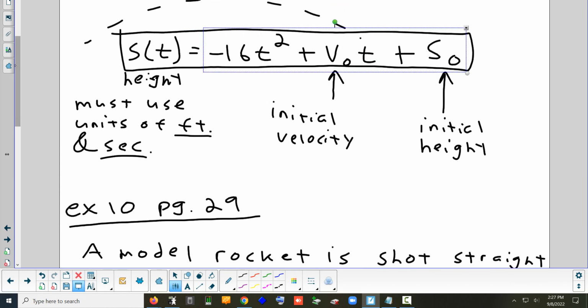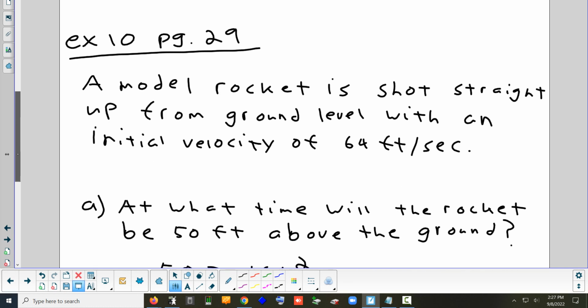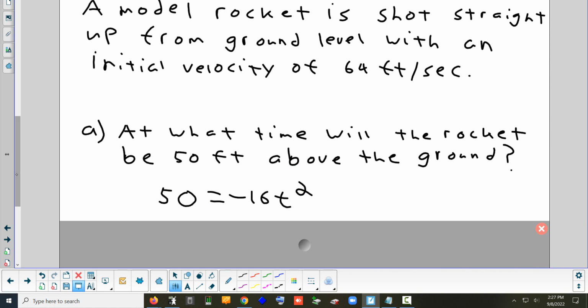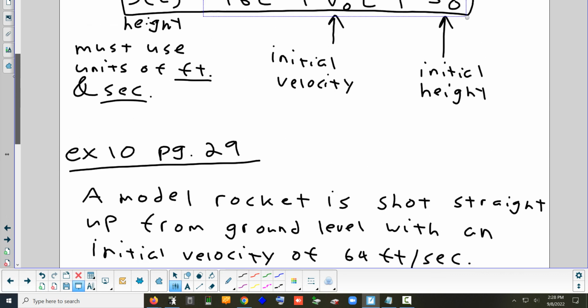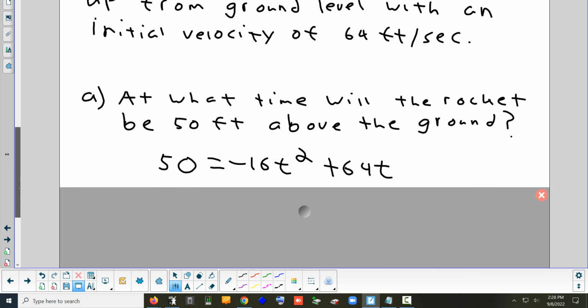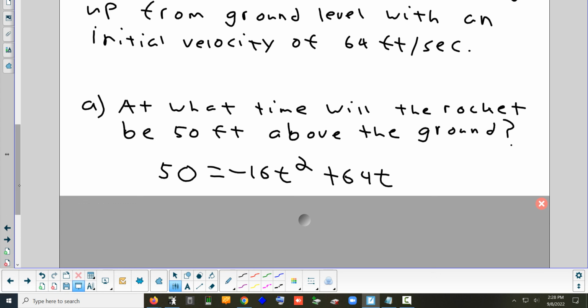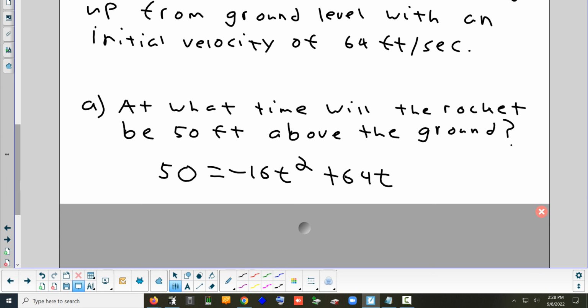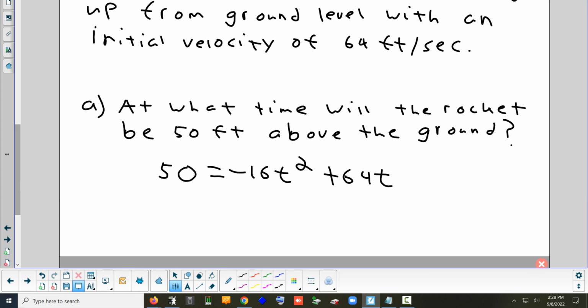Plus the initial velocity times t. What's the initial speed in this problem? Plus 64t. And the last thing is plus the starting height. What was the starting height? Which means what? 0. We don't need it.